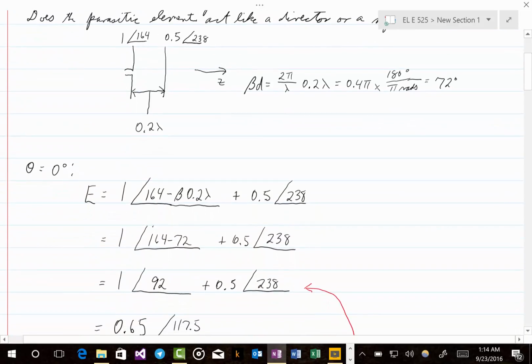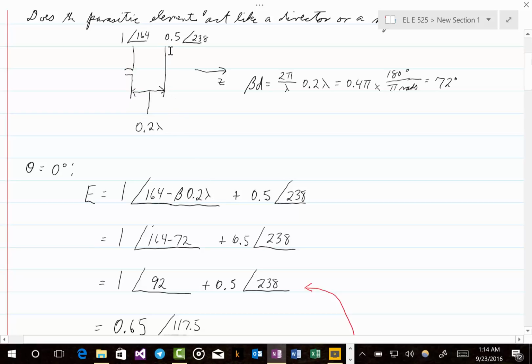Okay, well, the analysis is exactly the same as what we've already done. If we're looking for the pattern in the 0 degree direction, then we have the field of the driven element with the phase shift, because we want to evaluate that field here at the parasitic element, and so that's 1. And then the angle is 164, but then we have to have the beta d phase shift, so that's minus beta times 0.2 lambda.